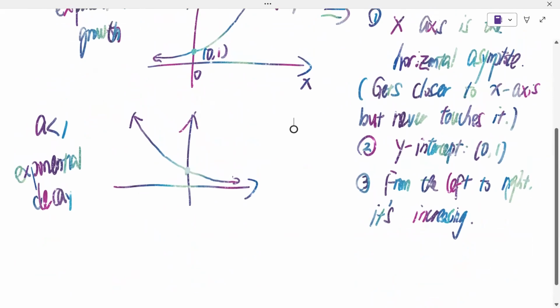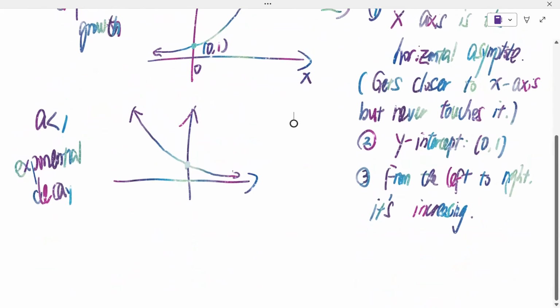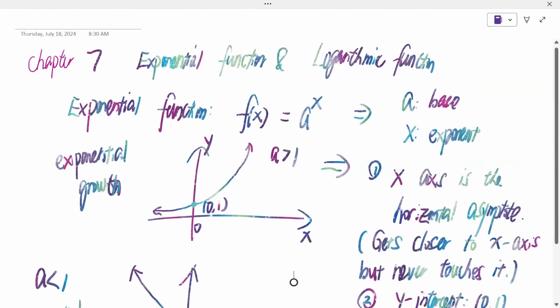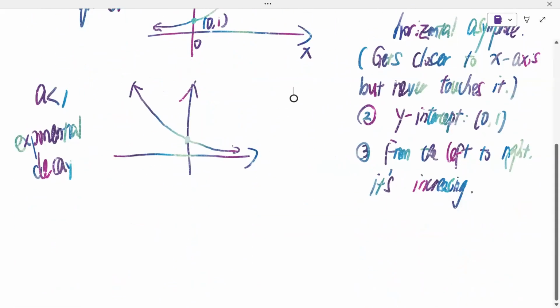People also model population growth using the exponential function. That's a very practical practice for all the countries in the world.